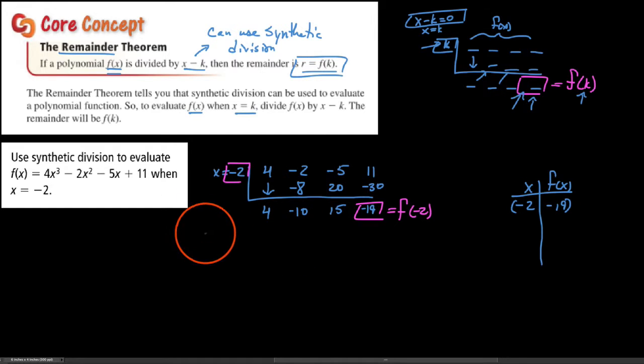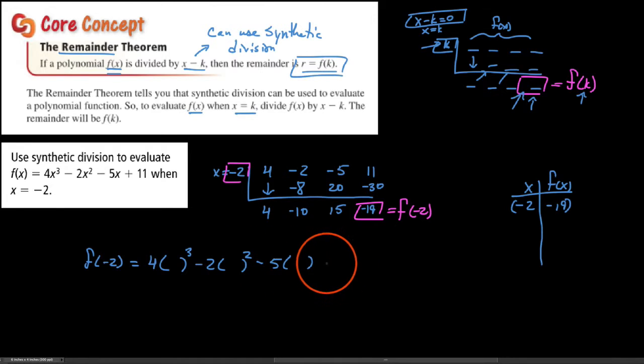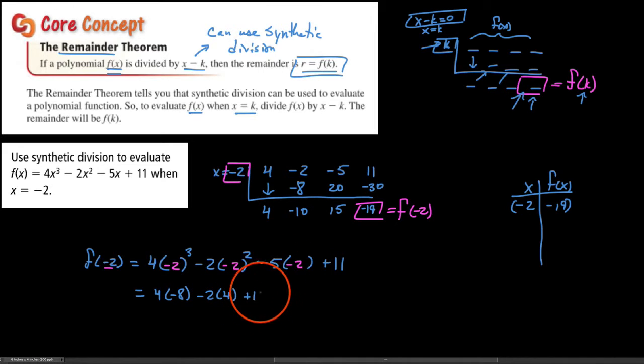So I want you to consider before we continue here the implications of finding f of -2 using what we call direct substitution. So direct substitution would indicate that we would actually, everywhere we see an x, take it out and we would plug in this input here, which is -2. So I'll put in -2 in each of these x's here. I just want to show you this here. If we cubed a -2, we would get a -8. If we took -2 and squared it, we would get -2 times a +4. -5 times a -2 is a +10.